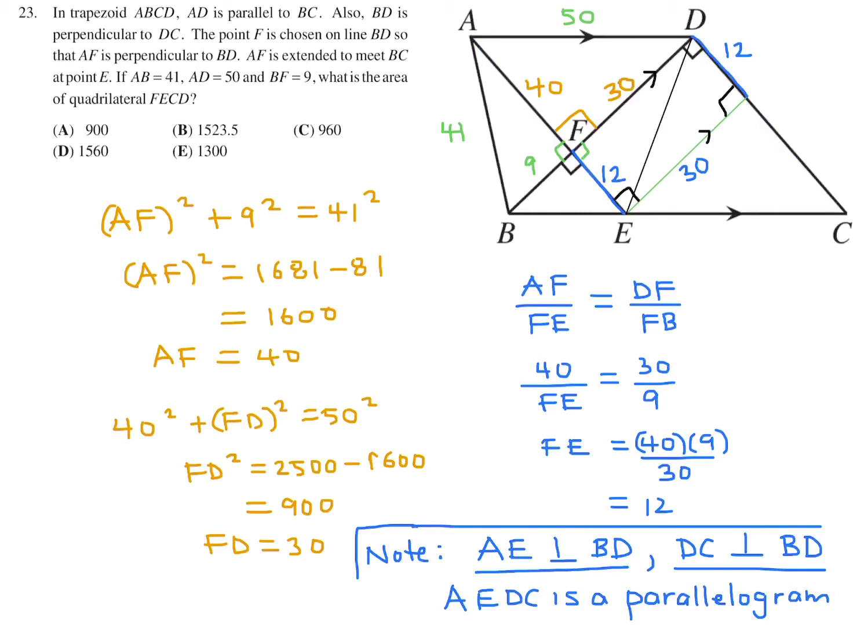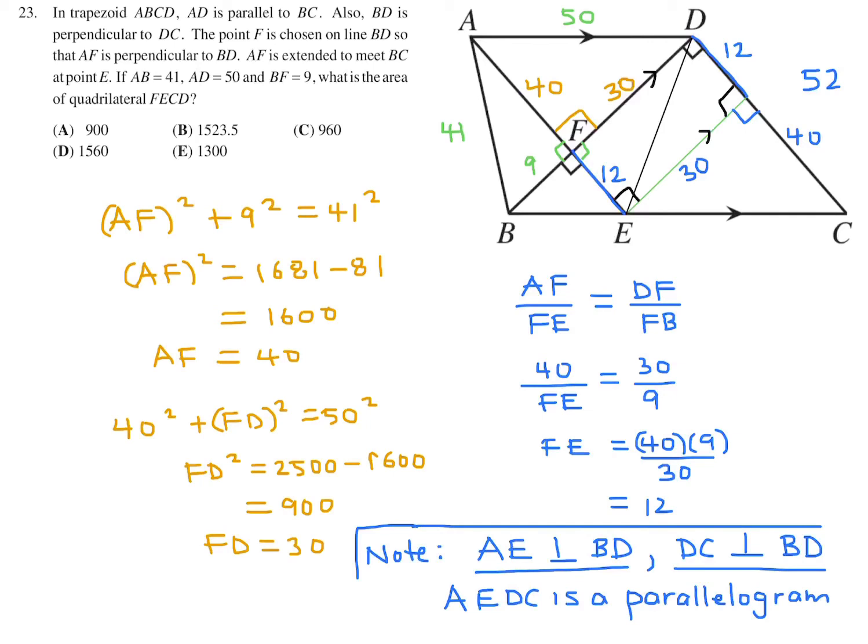So since A to E is 52, 40 plus 12, DC is also 52 from D to C. And therefore, since that segment in there is 12, this segment has to be 40, like that. And this is, of course, a right angle right there.